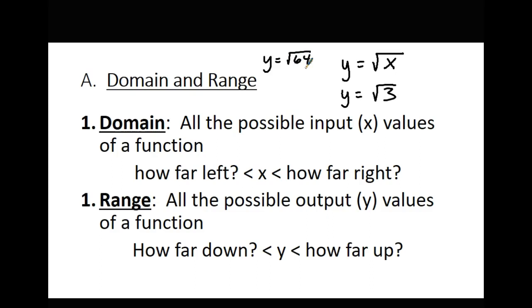So if I were to plug in a negative number, well, I'm looking for what number multiplied by itself, in other words, what times itself would give me 64? Well, that would be x squared. But you guys know that no matter what happens, when you square something, it always comes out what? Positive. So there's no way you could ever multiply something by itself and get a negative, right?